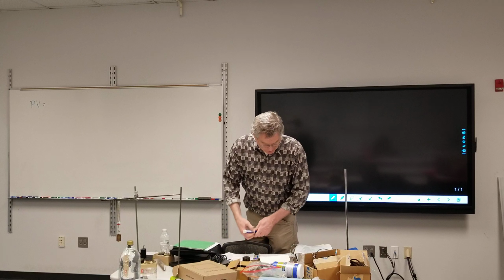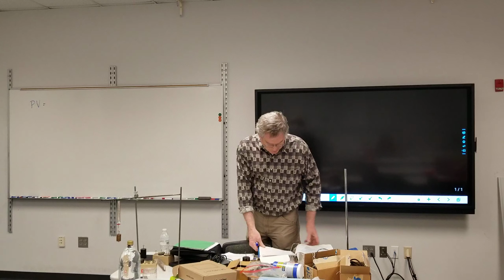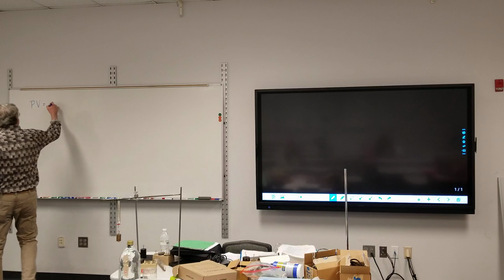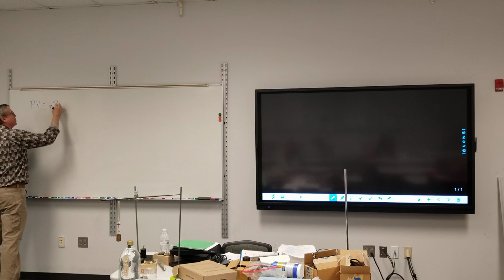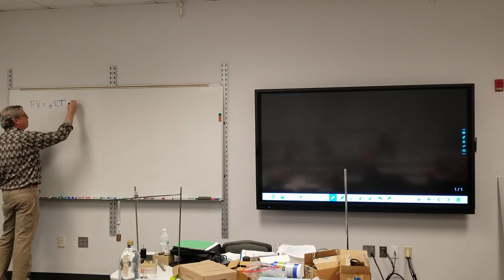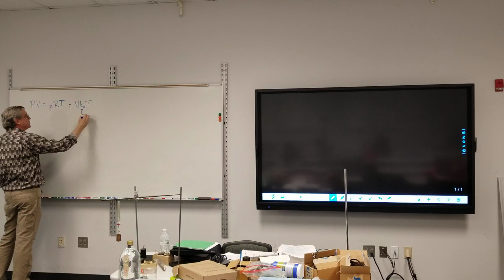All right. So we last left off. PV equals nRT. It's the ideal gas law from the chemistry point of view, or N kBT, where kB is Boltzmann's constant.